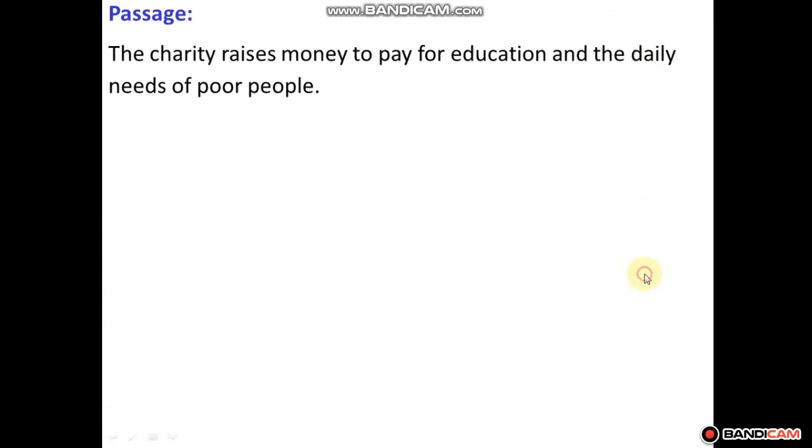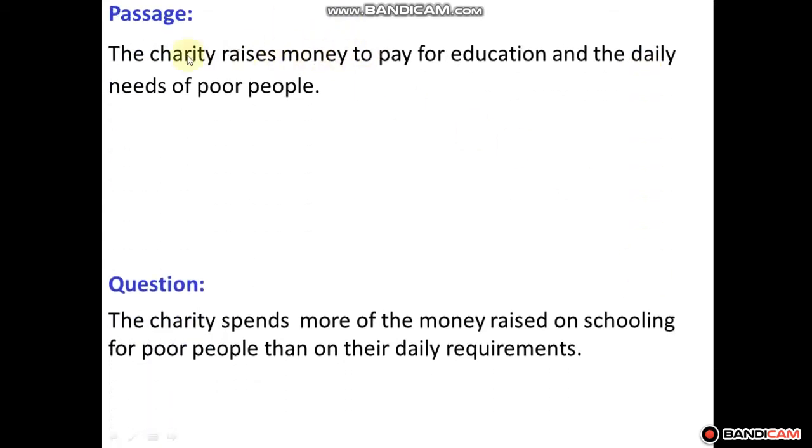Okay, let's move ahead. Now there is one more part from the passage. The passage is: the charity raises money to pay for education and the daily needs of poor people. And the question is: the charity spends more of the money raised on schooling for poor people than on their daily requirements.